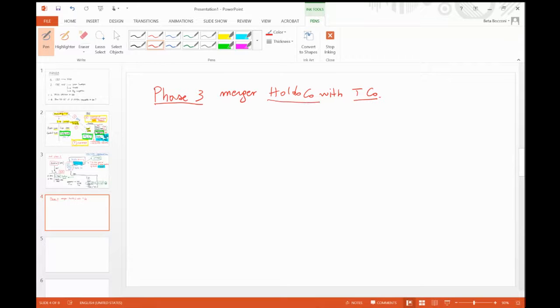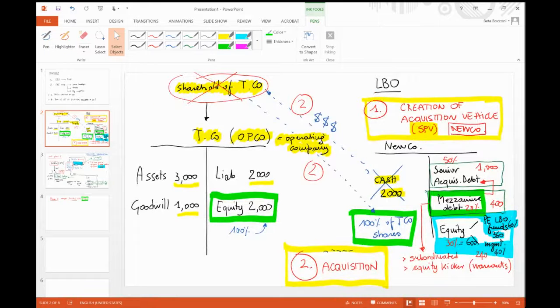And typically, the final name of the company will be the original name of the TICO company, because TICO is an operating company. So, going back to our exhibit, we have to merge essentially TICO, this company, with the holding company here. And what happens is that, think about it, NewCo will absorb all the assets of the target.